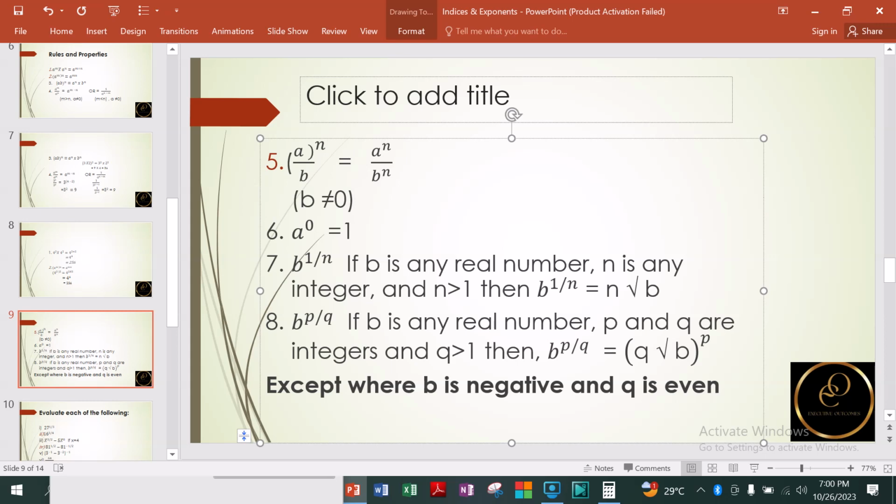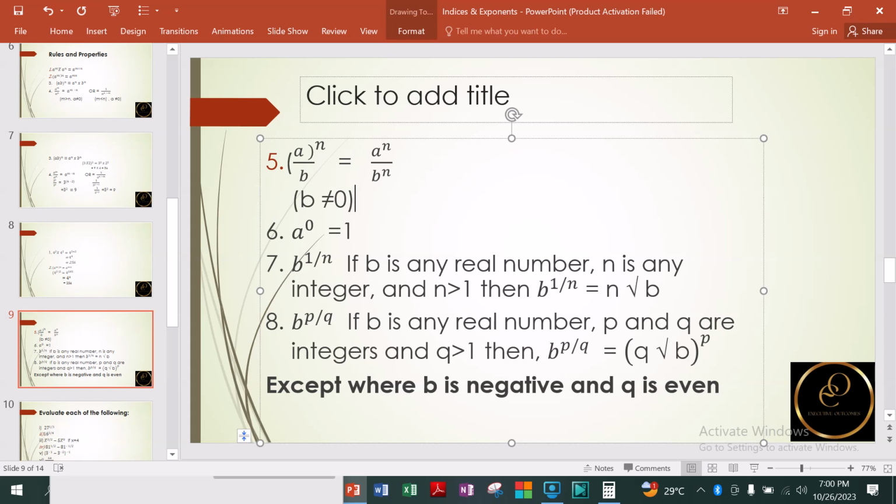So that much you should know. That will always be equal to 1. Then we have rule number 7 or property number 7, which says the base raised to a fraction, B raised to 1 over n.